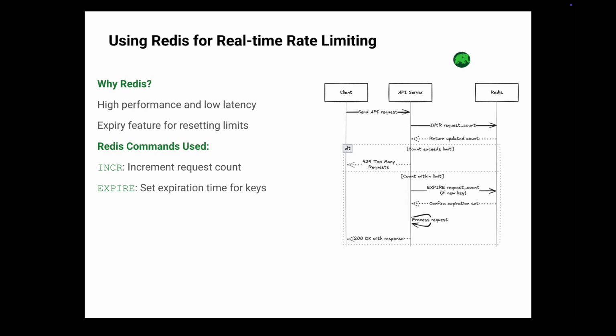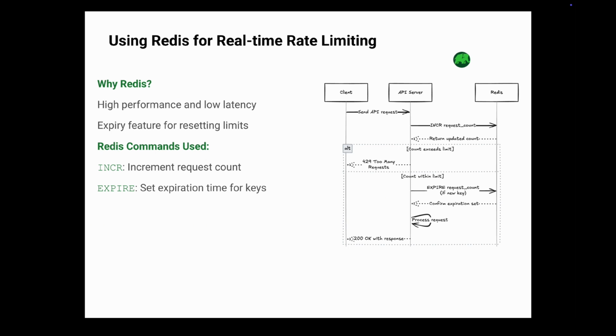If the count exceeds the limit, the server immediately responds with a 429 Too Many Requests error, letting the client know they have been rate limited. But if the count is within the limit, the server proceeds to process the request. To ensure limits reset after a specific time frame, the server uses the Redis expire command to set an expiration time on the request count key.